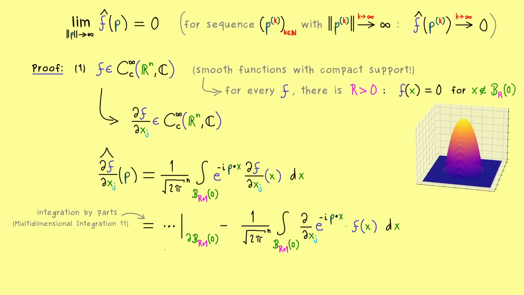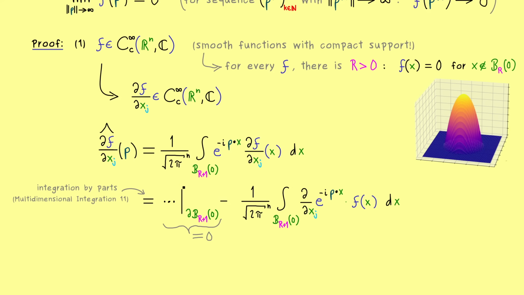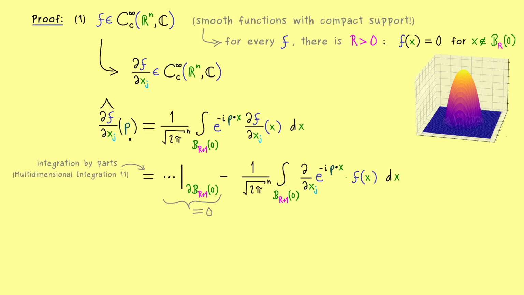And that's the reason I don't have to write down the details of this part, because we already know that the function f and all its derivatives vanish on this sphere. So clearly everything is 0 there, so we don't have to care about that at all. So since the boundary terms vanish here, we get a really nice result for the Fourier transformation of the partial derivative.